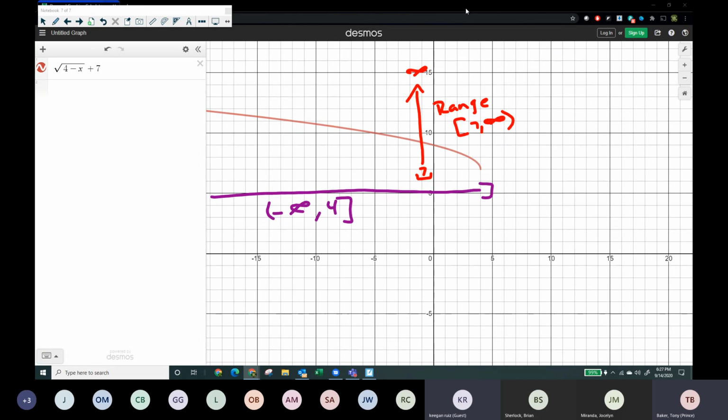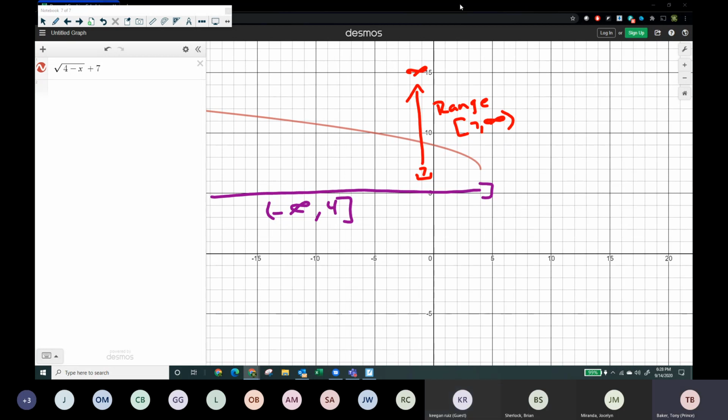Is there any exclusion now in the domain of the inverse? If the range of the original function was all real numbers, then the domain of the inverse will be all real numbers. There will be no restrictions.